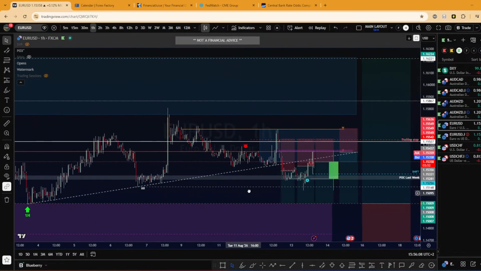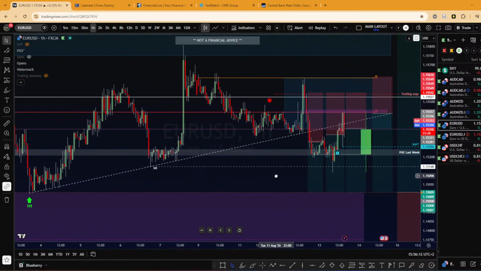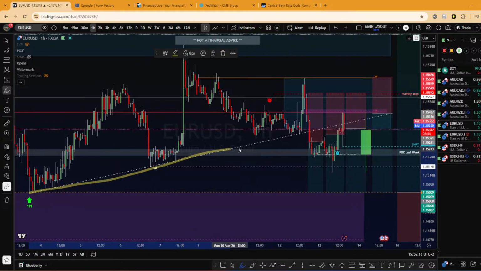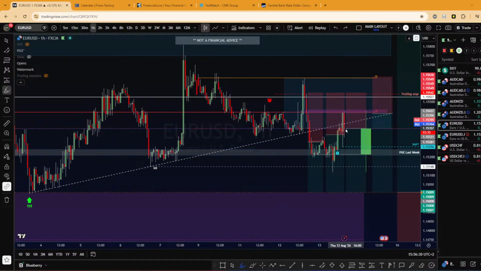See, we have broke this trend line. I want to see some rejection of this trend line. Okay, I don't want price to close above the trend line. I want to see some real rejection.